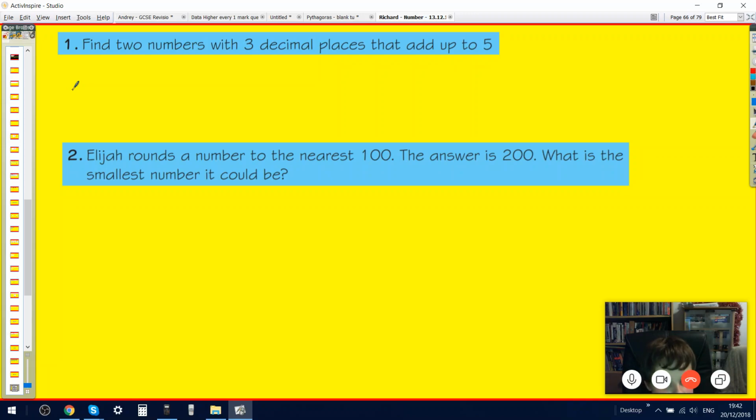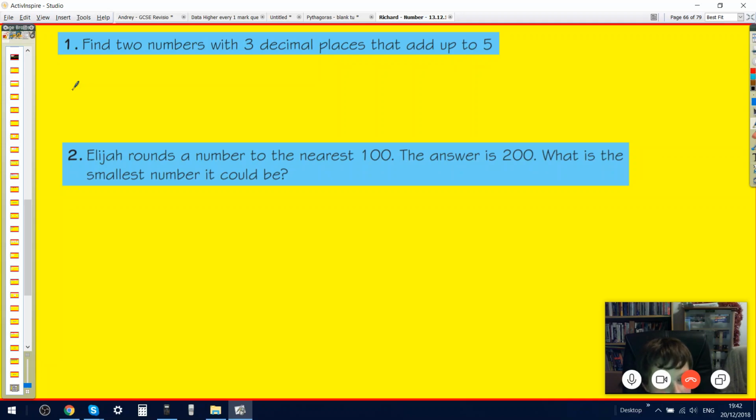Well, the first combination I did think of was 1.25 and 1.25, but I don't think that equals 5. So that's too small.